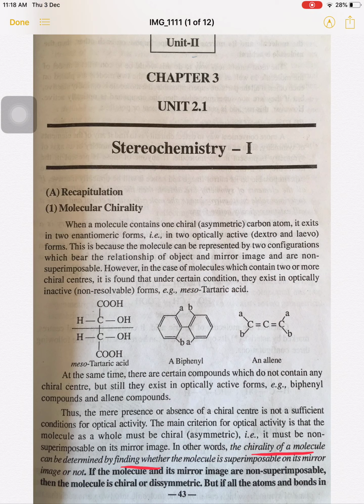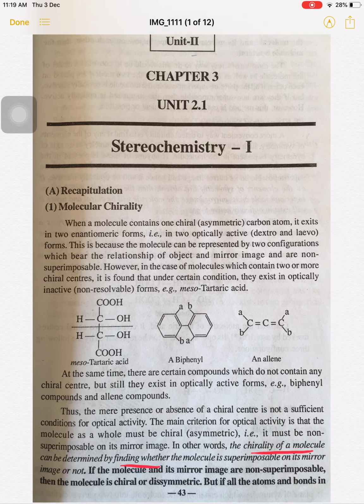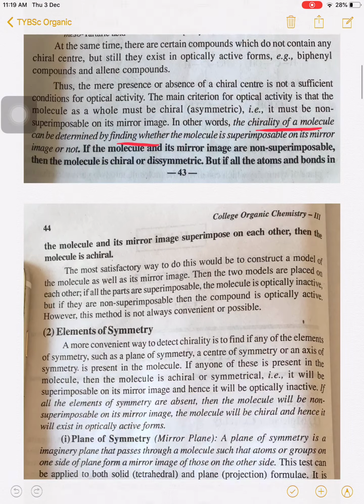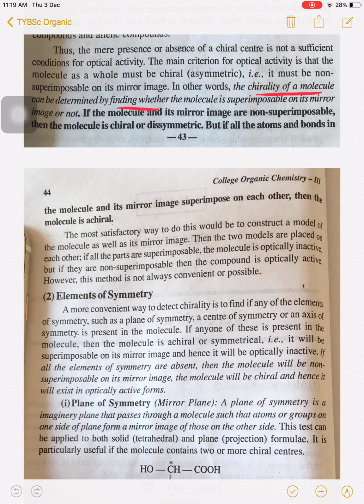If the molecule and its mirror image are non-superimposable, then the molecule is chiral or dissymmetric. But if all the atoms and bonds in the molecule and its mirror image superimpose with each other, then the molecule is achiral.